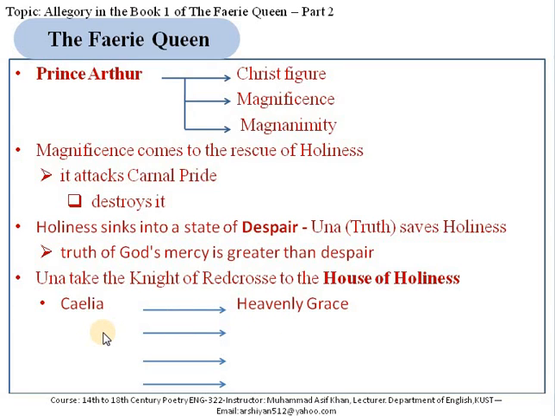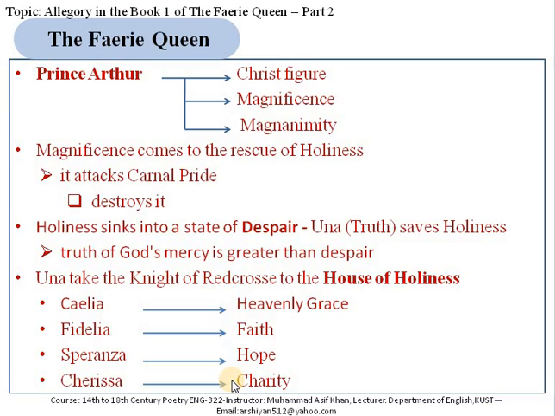And on the other side, instead of a parade of vices or sins, there are a large number of virtues. The three daughters of Caelia, named Fidelia, Speranza, and Charissa, represent faith, hope, and charity. These three are the greatest virtues, and each of them instructs Red Cross in her own speciality.